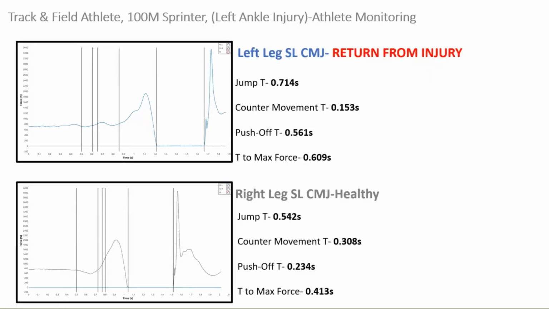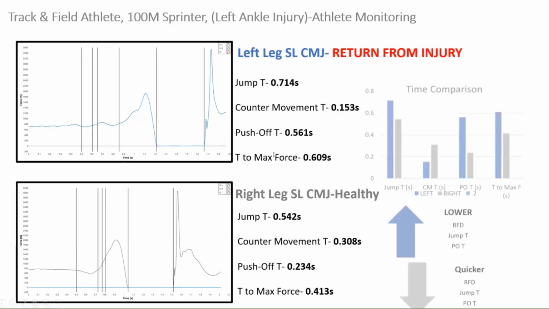So every millisecond, every tenth of a second counts, as they produce force. His jump time was longer, and even though it's just 0.2, he's still not applying force quickly on that side of the foot. And as you can see, the rate of force development on the right side is significantly better than on the left.